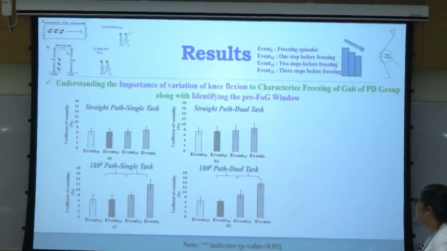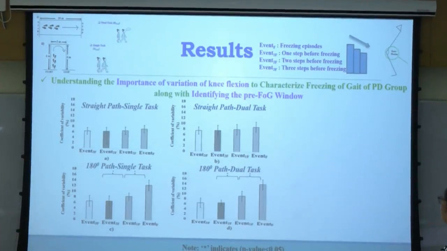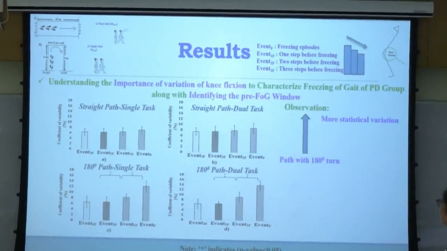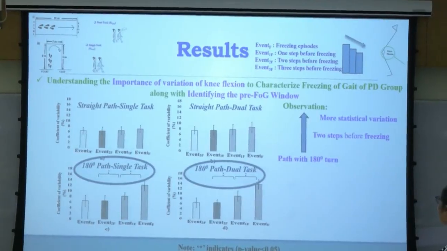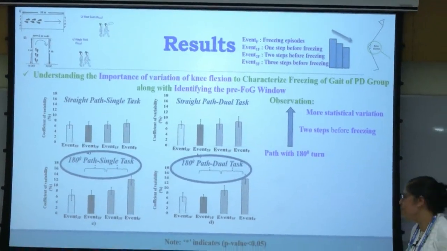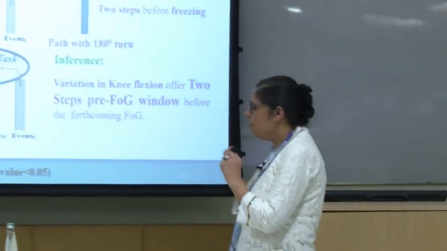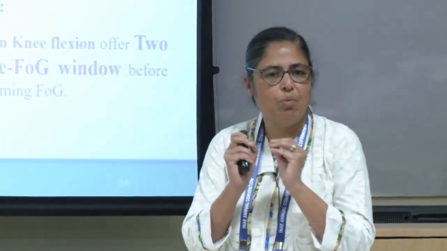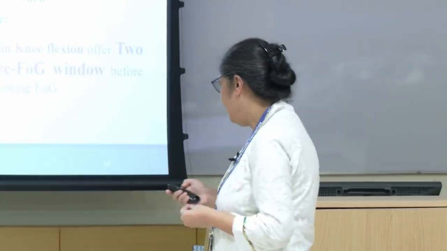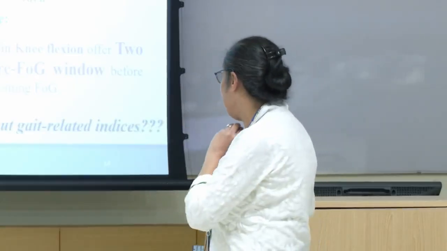For the Parkinson group, with the variability in the knee flexion, we could get a pre-FOG sensitive window 2 steps before the freezing window. That means 2 steps before the actual freezing kicks in, we are able to sense the possibility of freezing of gait. We wanted to see what about other parameters.